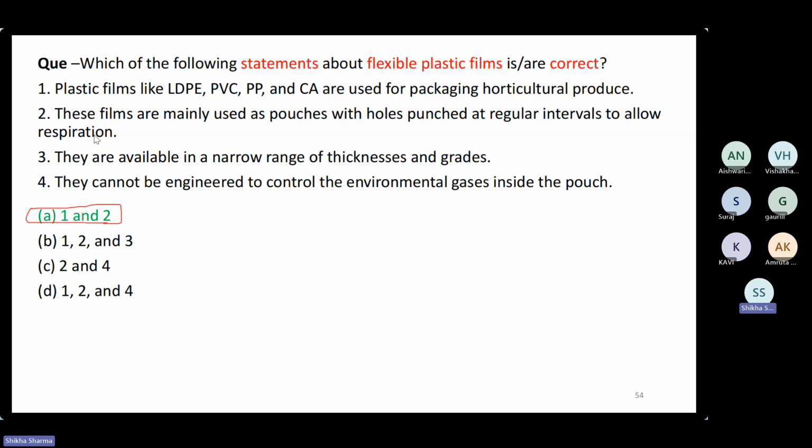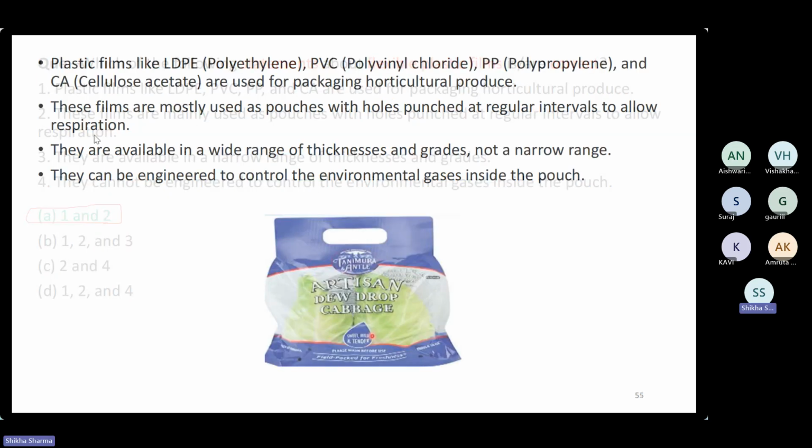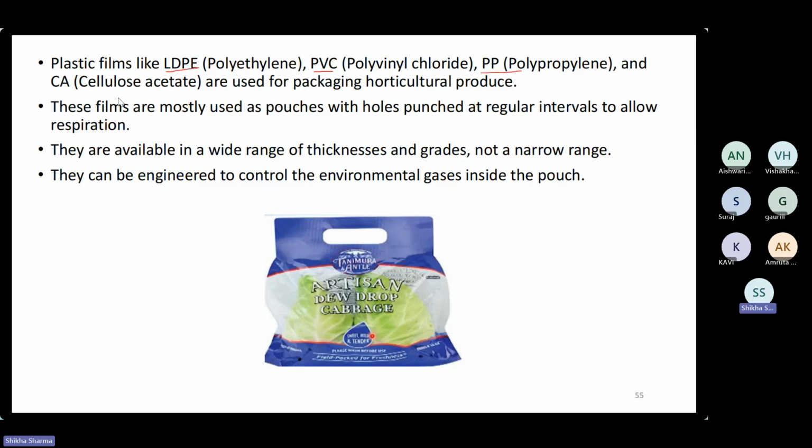Plastic films like LDPE, PVC, PP, and CA are used to pack horticulture products, which is correct. These films are mostly used with holes punched at regular intervals so that respiration of the food product can be done. So this is the stage of the cabbage.